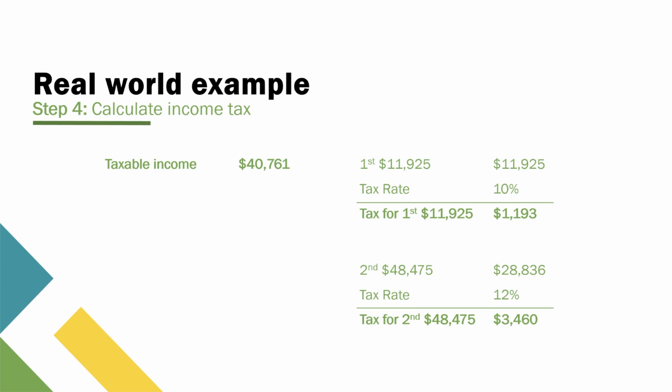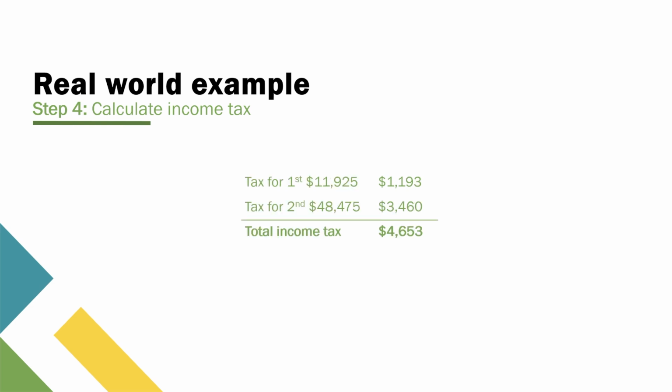We're just taking the remainder, which is $28,836, and we're multiplying that by 12%. That's the next tax bracket up. And for our next tax bracket, we get $3,460. And so we add up both of our tax brackets and we get a total of $4,653.